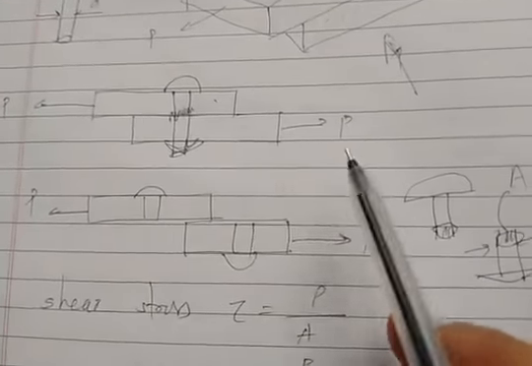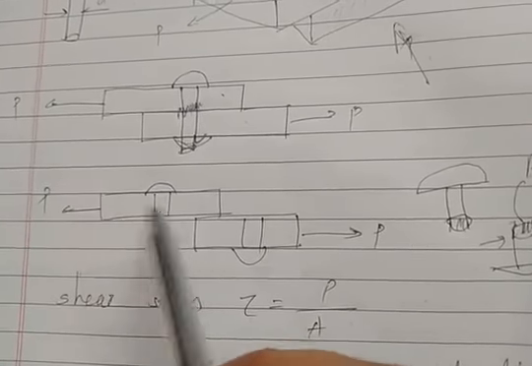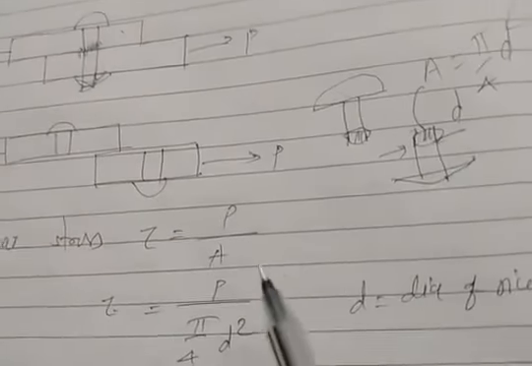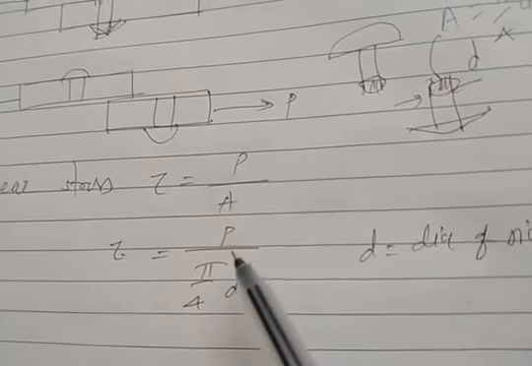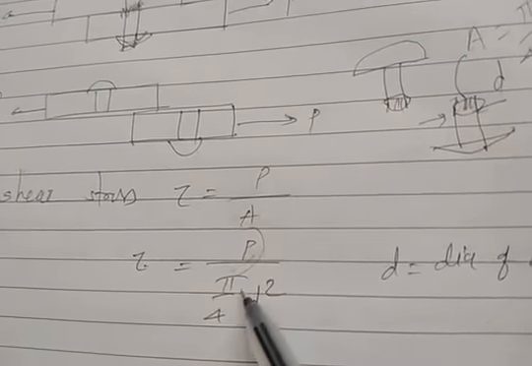Now in case of shear stress, we know that for shear failure or shear load, the loads are parallel. The line of action of the loads, this and this, are parallel to each other. So in that case shear stress is load upon area, where this is the shear load and the area is pi by 4 d square, where d is the diameter of the rivet.